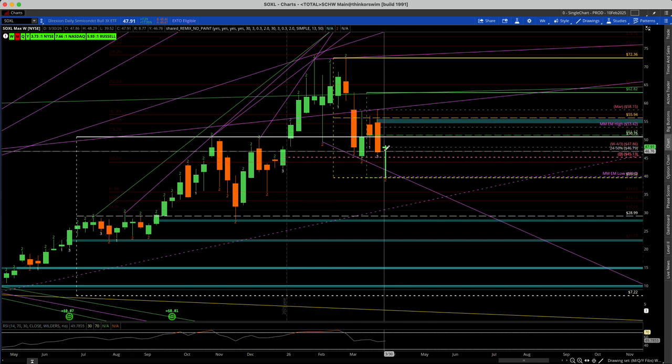In order for that to take shape, a lot of times you need a failed 2 down, which doesn't necessarily mean you have to finish green, but we have to have that wick on the bottom and have the bulls basically buying it back up into, if not into the previous week's range, as close to that as possible. That's what we've got so far.